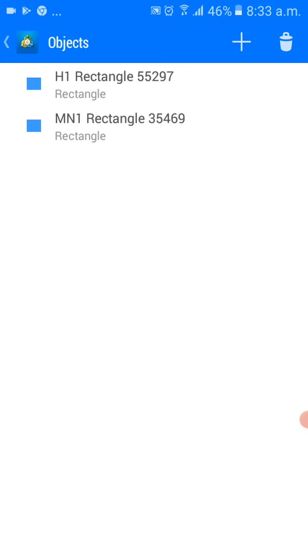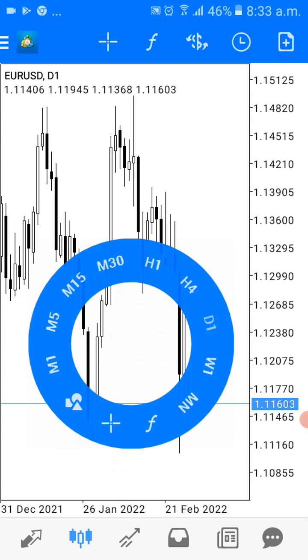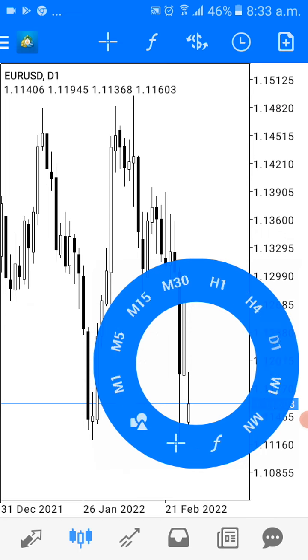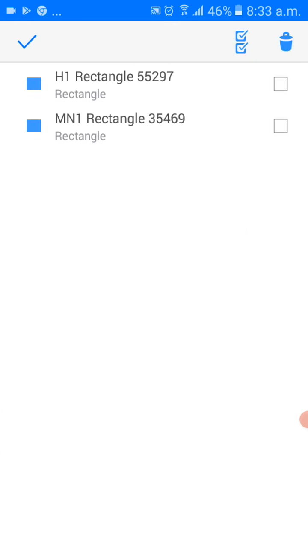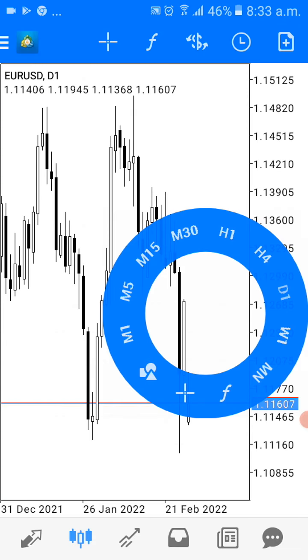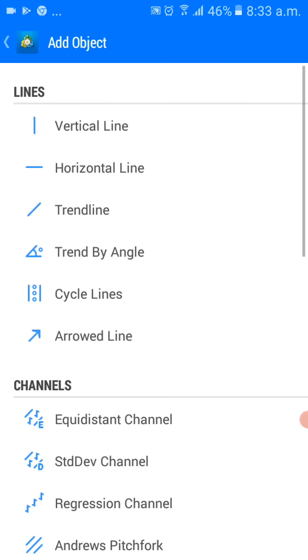In this case, if I tap on the screen and click here on the single plus button, and then delete this, you'll see that you have something like this.